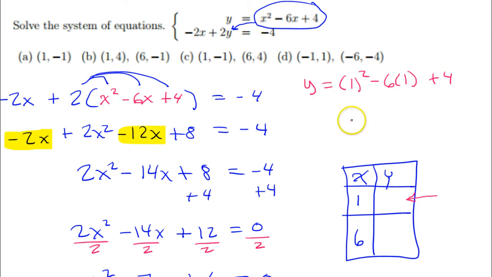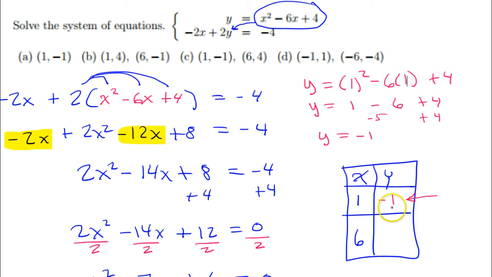If I solve this, that's going to tell me what y is. So that's going to give me y is equal to 1 minus 6 plus 4. 1 minus 6, that's negative 5. And negative 5 plus 4 is negative 1. So y is negative 1.